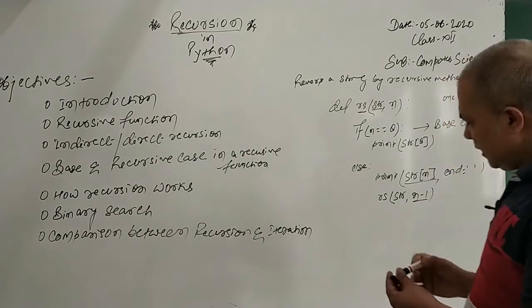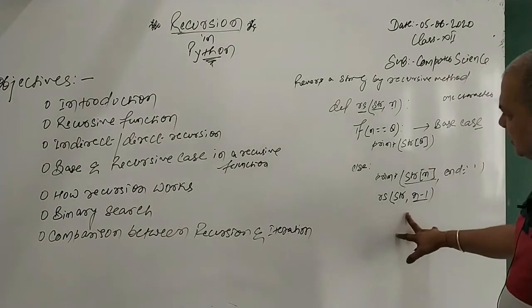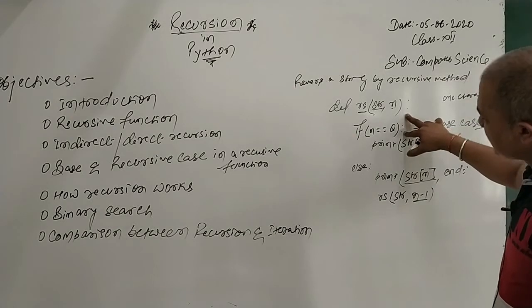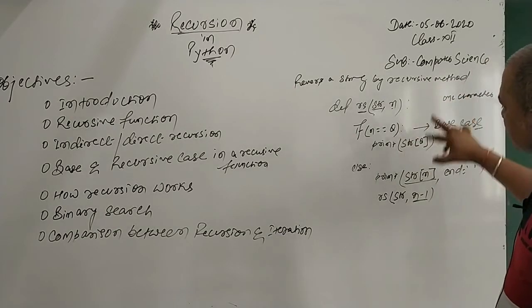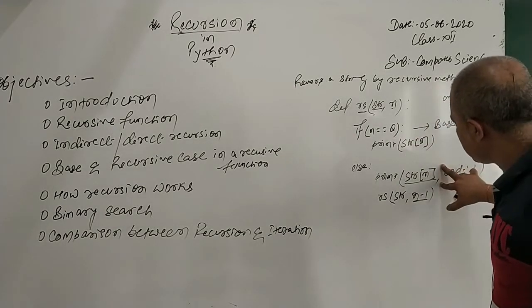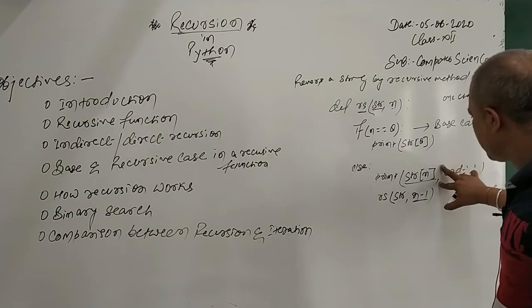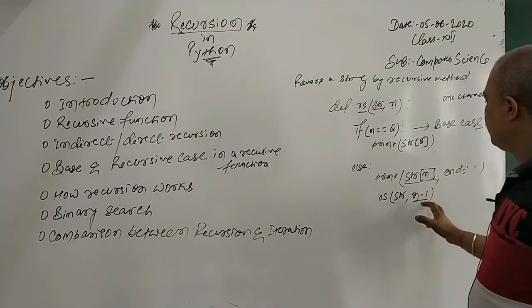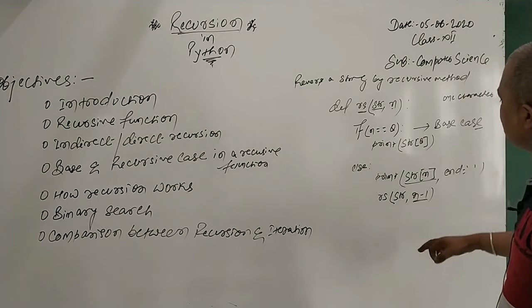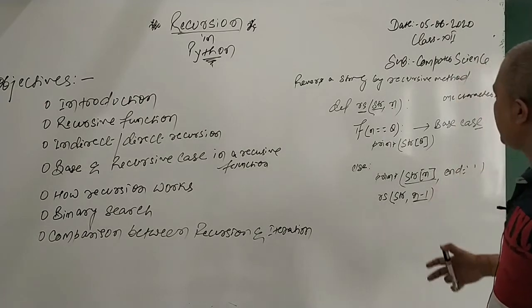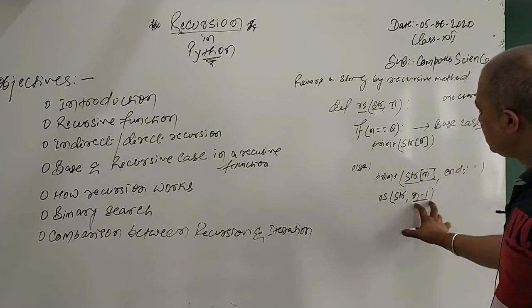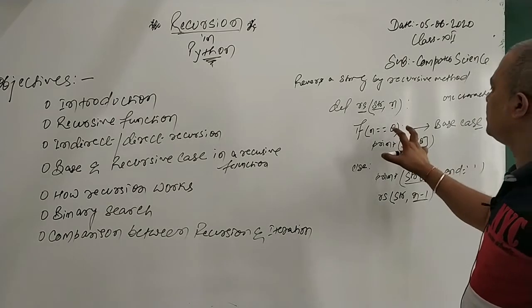It means in every situation, if the value of n is above 0, the function will show me the last character of that string, and it will call n minus 1. It means it will show you the next character of the string, and the next character of the string, till the value of n reaches 0.